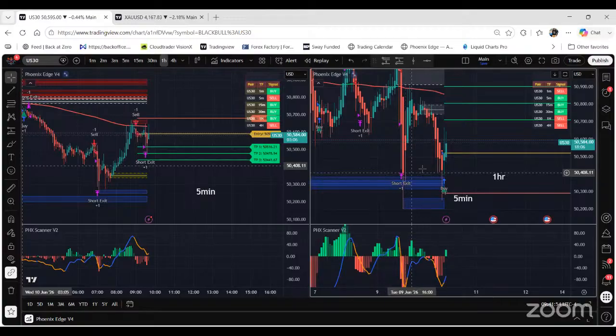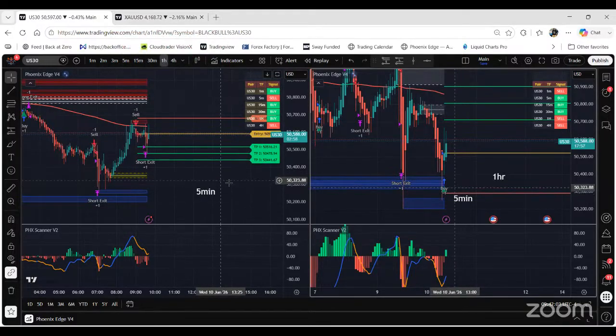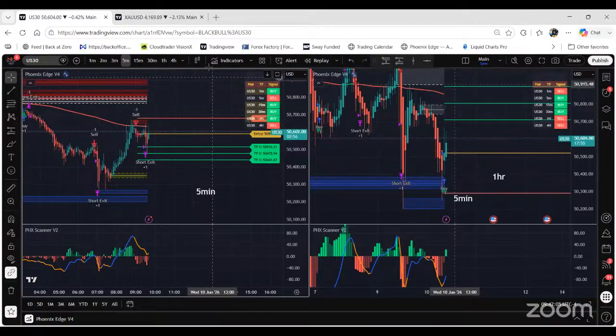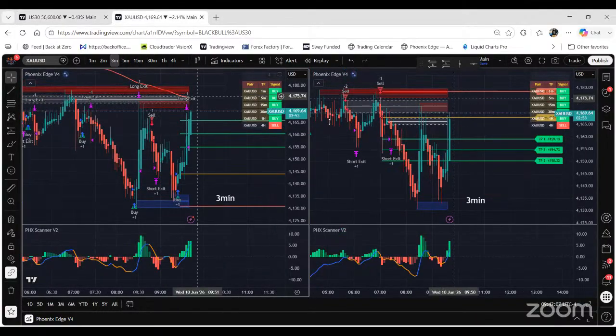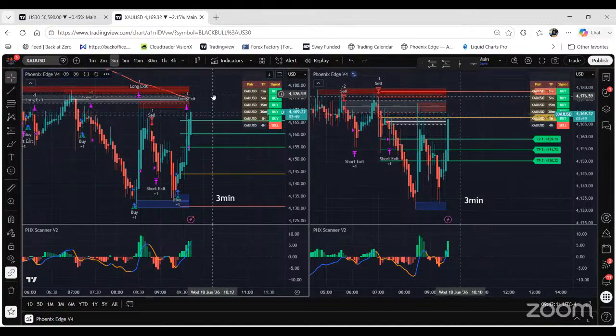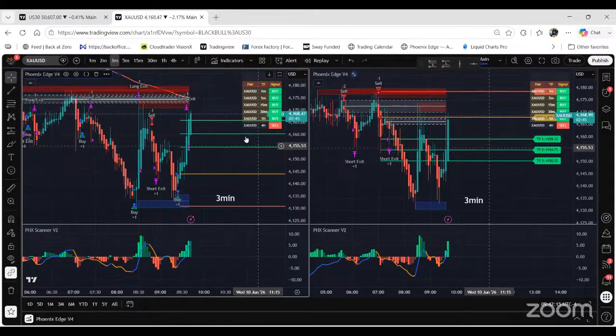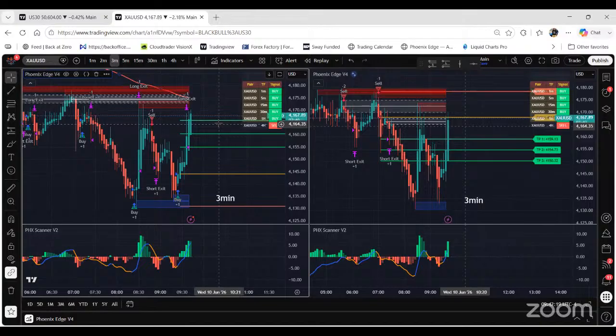That's another about 80 pips, 100 pips. And gold, gold, gold. Let's see what gold is doing. No, we're gonna stay on the 3-minute. See if we get something else.